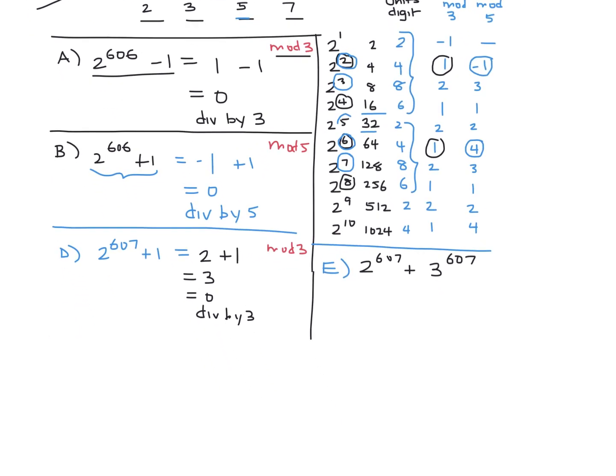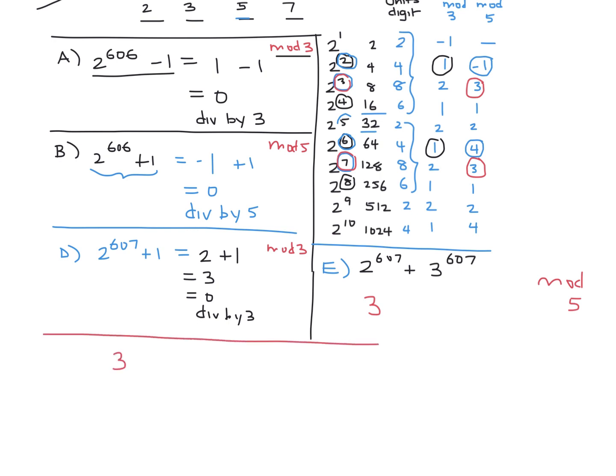Well, 2 to the 607 behaves like 1 less than a multiple of 4. Which mod do I want to use here? I'll just use mod 5. So that's going to behave like these guys here. So mod 5, that's a 3, right? Yeah, that's a 3. So 2 to the 607 is a 3.